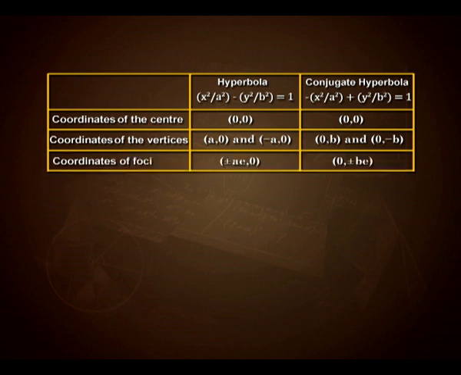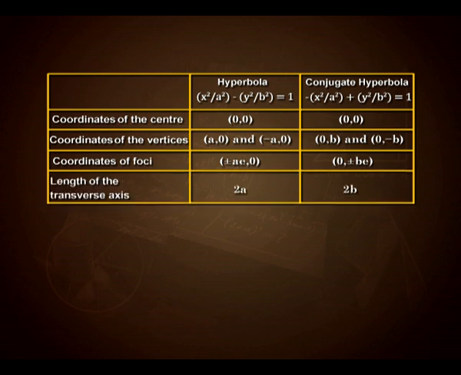What about the coordinates of foci for hyperbola? They are (±ae, 0), and (0, ±be) for conjugate hyperbola. What about the length of the transverse axis for hyperbola and conjugate hyperbola respectively? They will be 2a and 2b.